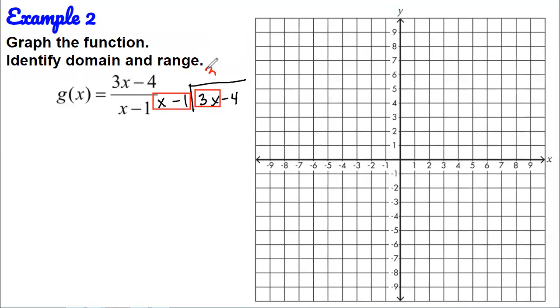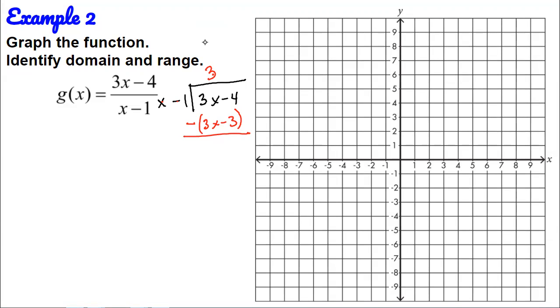By 3. So I'm going to multiply by 3. Therefore, I'm going to write minus, inside parentheses, 3 times x is 3x, and 3 times negative 1 is negative 3.